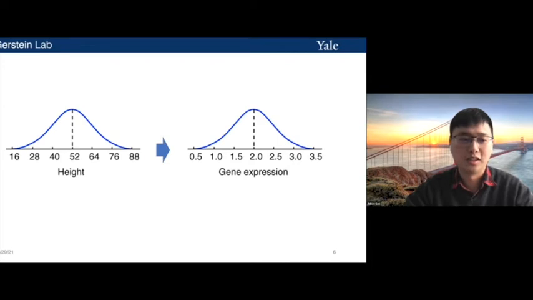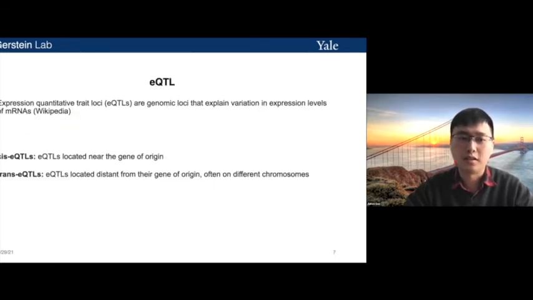So we could ask the question, could we still find some genetic loci that are associated with gene expression? And the answer is yes, and that is exactly what eQTL is. eQTL stands for expression quantitative trait loci. Basically, these are just genomic loci that explain the variation in the gene expression level.